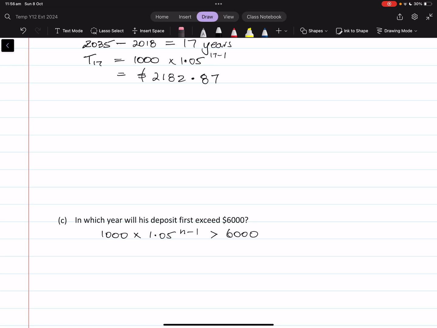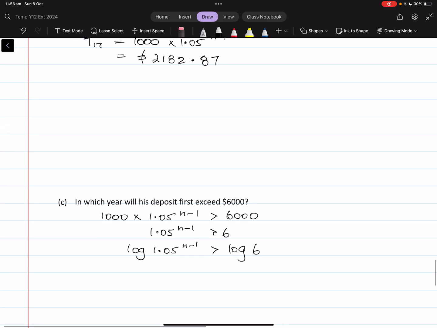So divide by 1,000, we get 1.05 to the power of n minus 1 needs to be bigger than 6. Take the log of both sides. So the log of 1.05 to the n minus 1 needs to be greater than the log of 6. Bring the power down the front, n minus 1 times log of 1.05 is greater than the log of 6.